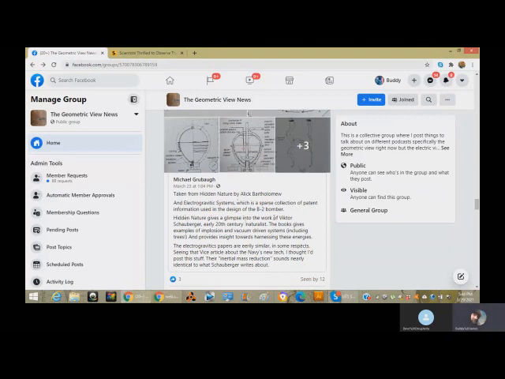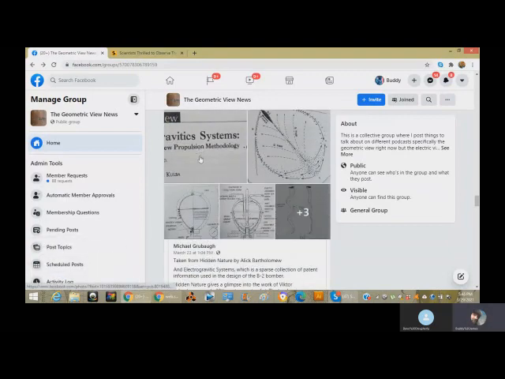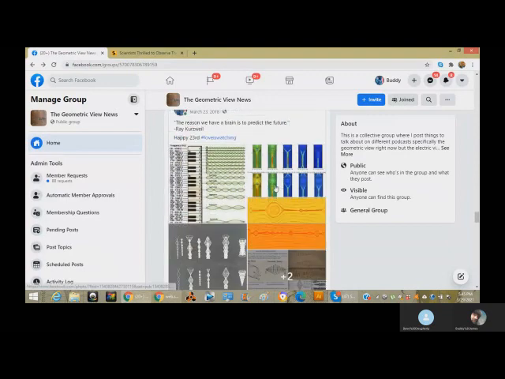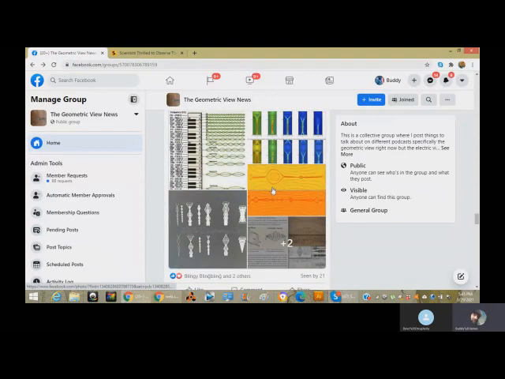The book gives examples of implosion and vacuum-driven systems, including trees, and provides insights towards harnessing these energies. The electrogravitics papers are eerily similar in some respects, seeing that Vice article about the Navy's new tech. I thought I'd post this stuff. Their inertial mass reduction sounds nearly identical to what Schauberger writes. Cool. Thought I would share this.